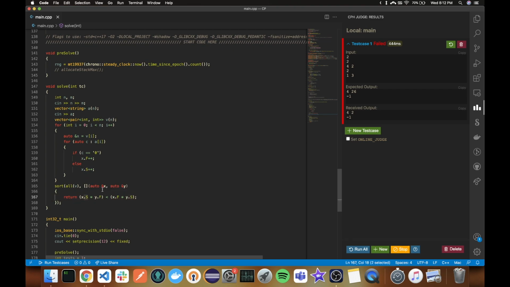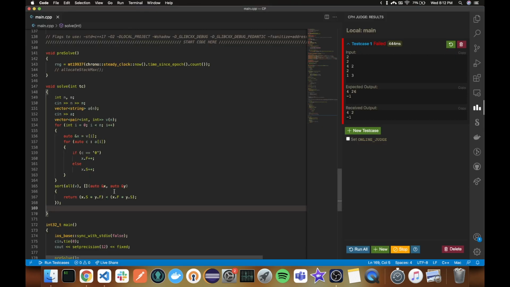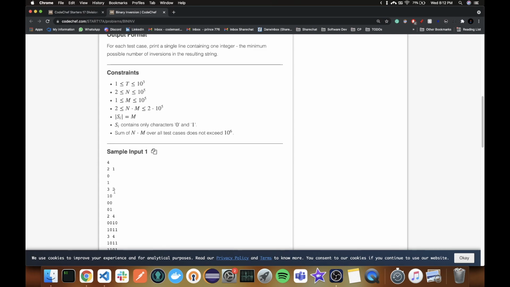So it comes first only if the number of ones here multiplied by the number of zeros there is less than the opposite case.